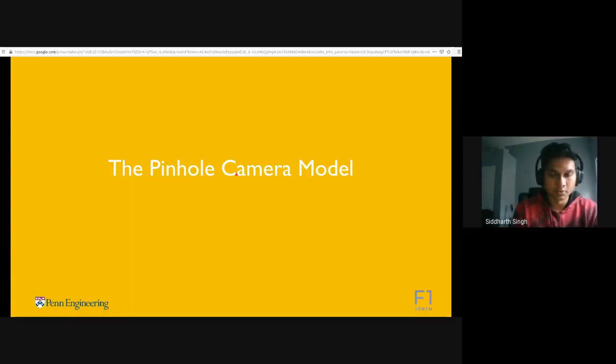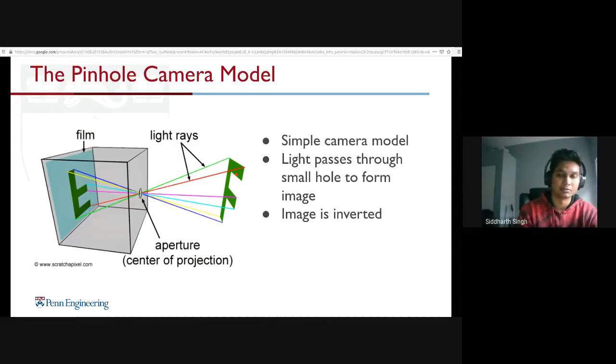So for single view geometry, the very first thing that we should start off from is the pinhole camera model. Very basic, very fundamental. A few of you might have done this in high school: you create a very small pinhole in a box, light up a bulb inside, and pass the light through something, and it will show up inverted, right?